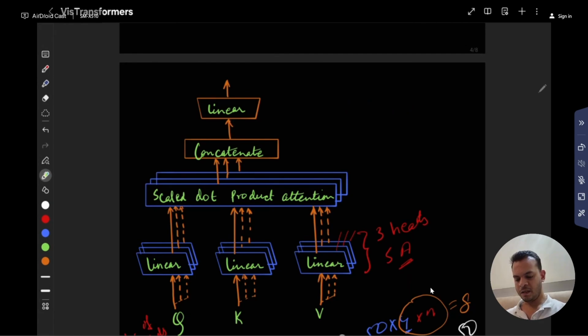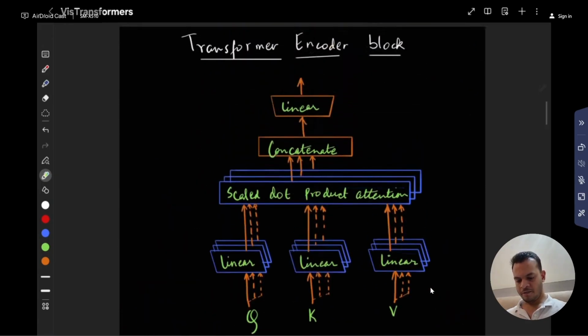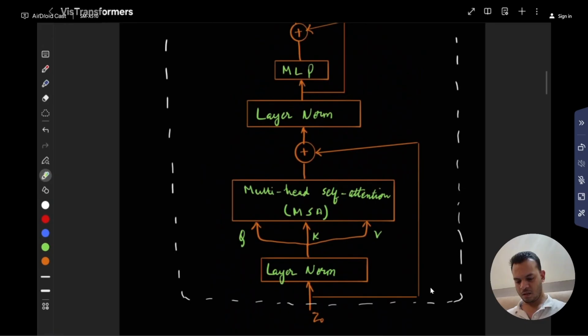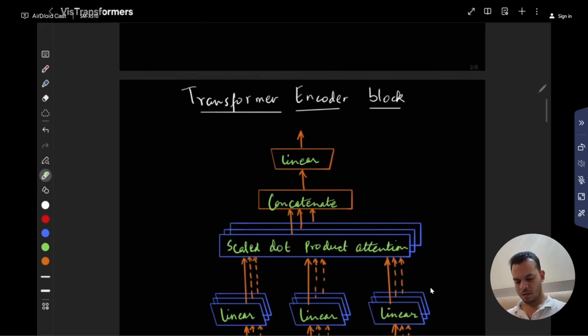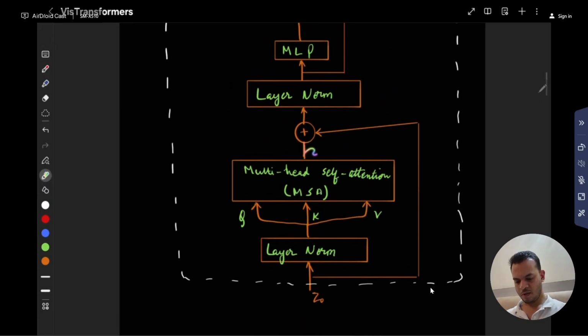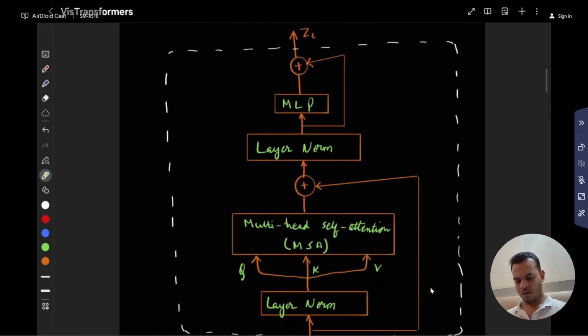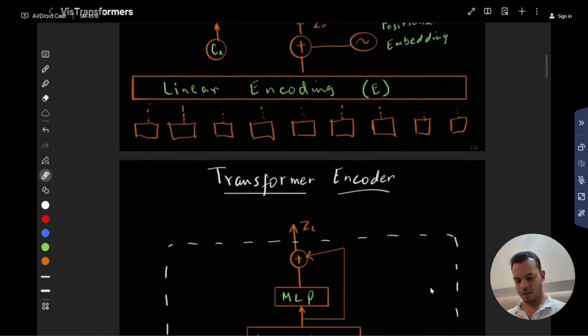Then linear mapping again, and the final output is what we get here after the linear mapping, to which, as we discussed, a residual connection is added.